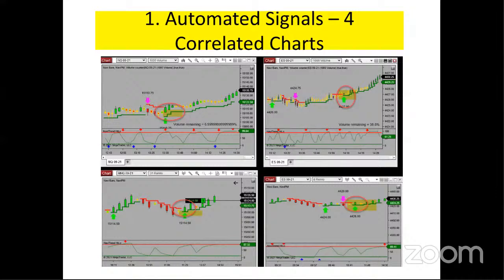All right, so I've got green arrows on the top 2 charts, which are volume charts. I've got green arrows on the bottom 2 charts, which are Renko charts. Those signals are all there automatically. And those automated signals are what we call our automator. They are put there automatically by the charts.